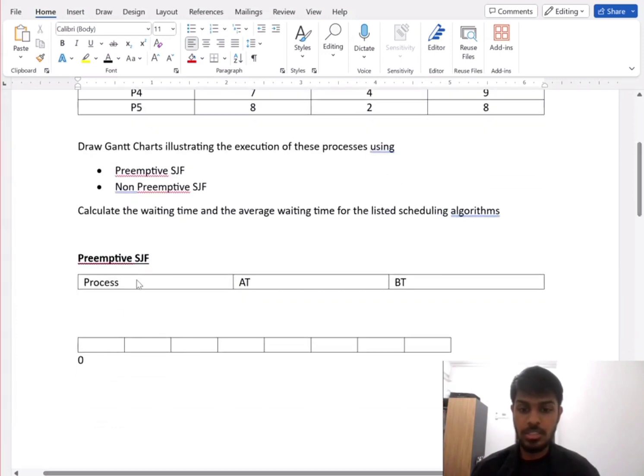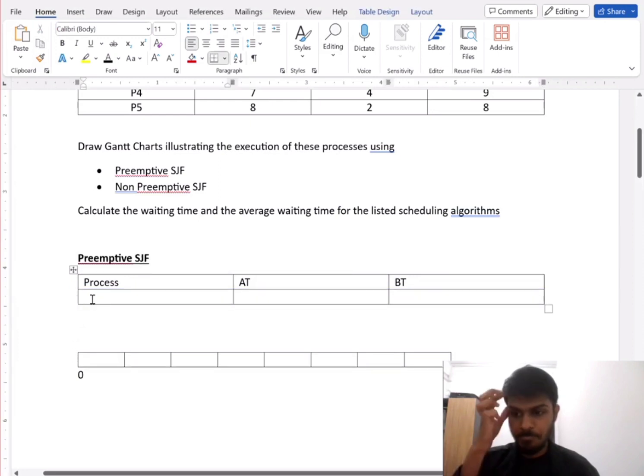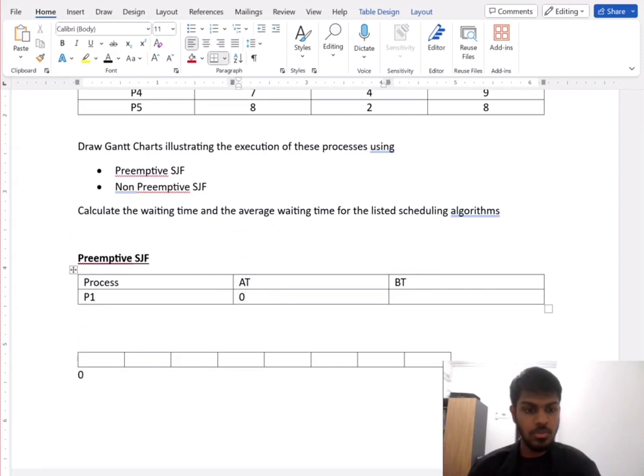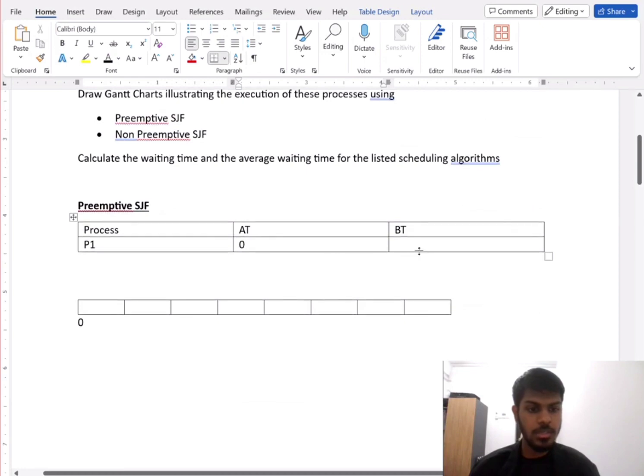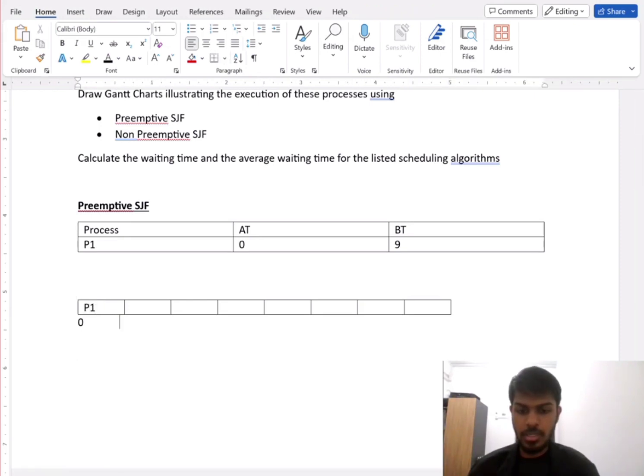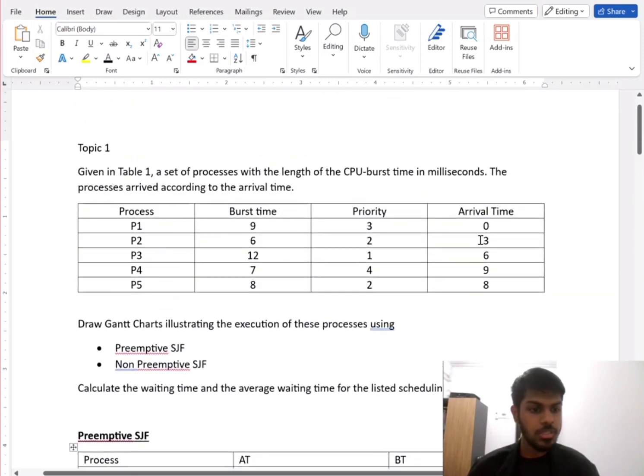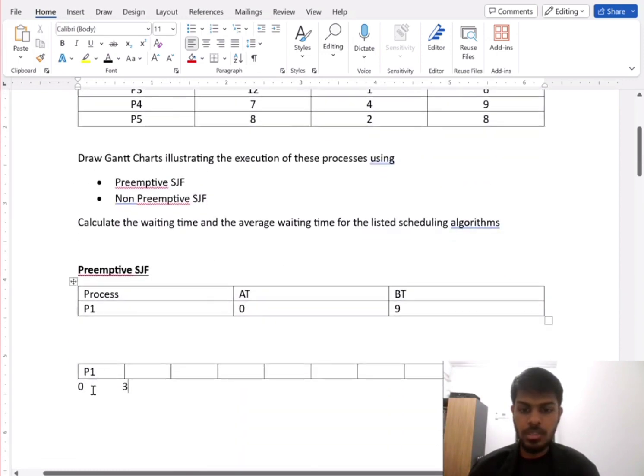So in which case, the process will start at P1, and the arrival time will be 0, burst time is 9. So P1, and the process will stop at 3 because the P2 process comes in.